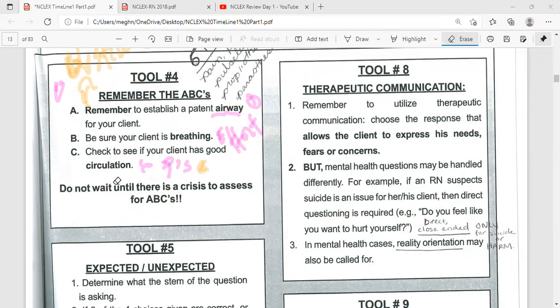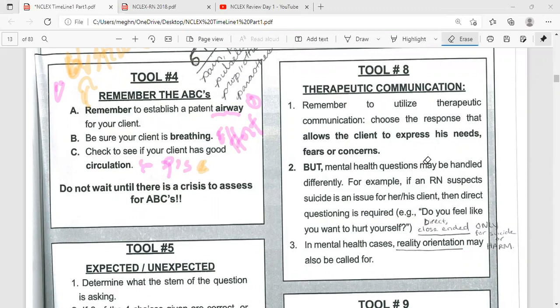Also, do not wait until there is a crisis to assess ABC. You need a few seconds to check the airway, the breathing, active bleeding, circulation, vital signs, or any other disabilities, or you have to remove the patient from any kind of danger.